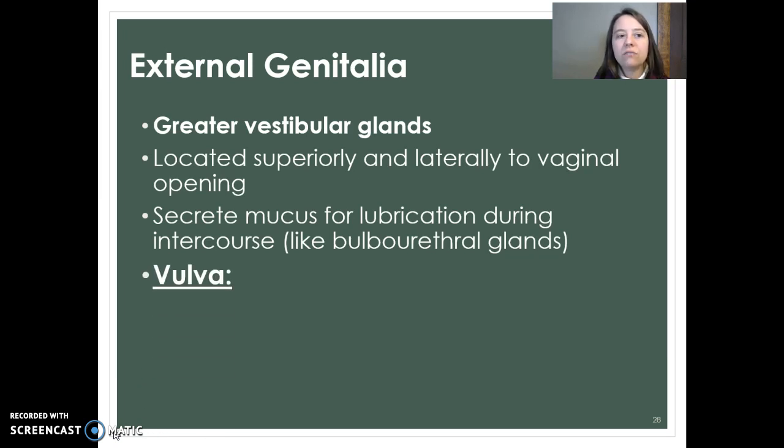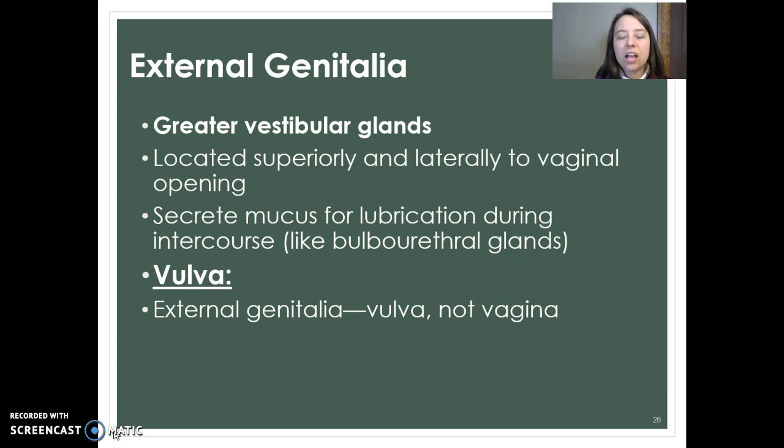And then the vulva is the external genitalia, and just to clarify, what you can see is the vulva. It is not the vagina. The vagina is the muscular tube going up into the uterus. So the external genitalia is the vulva.